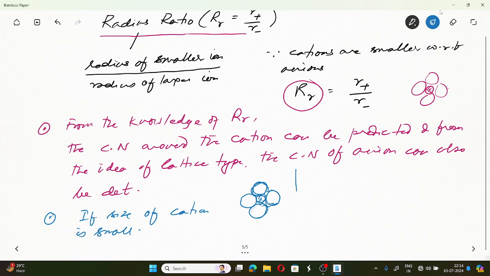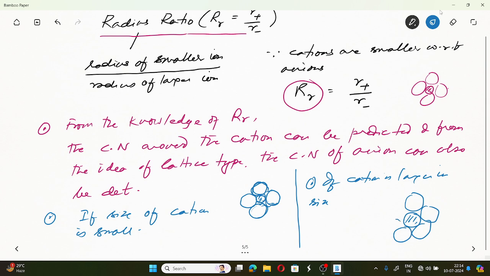So instead, if the cation is larger in size, say for example like this is the size of the cation, then maybe it will be able to accommodate maybe 6 anions around it of the same size.